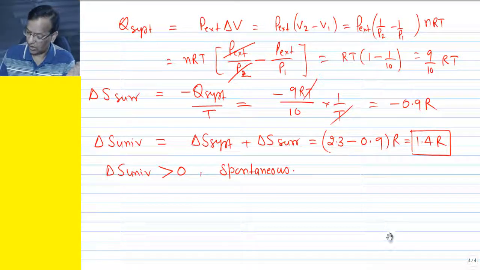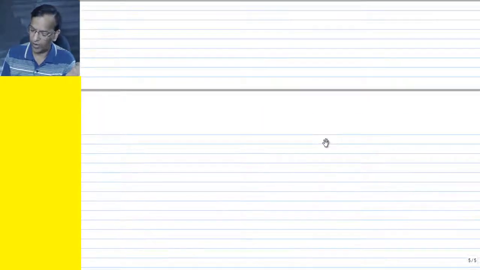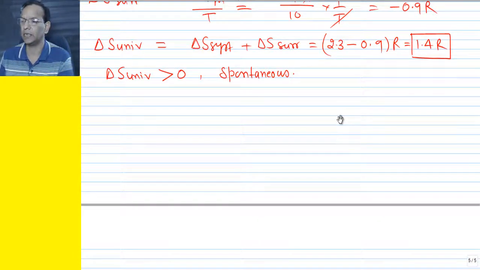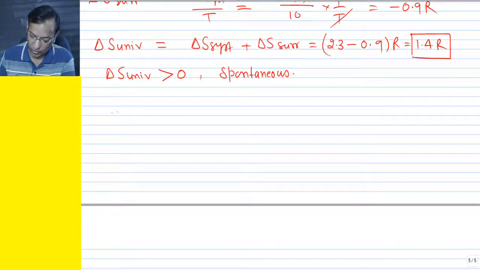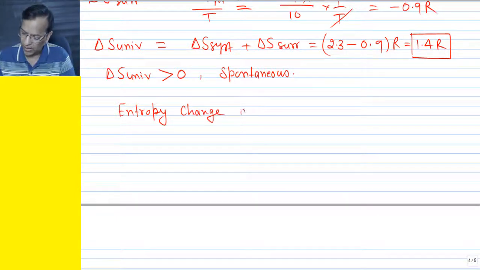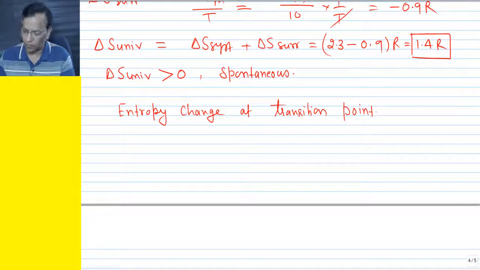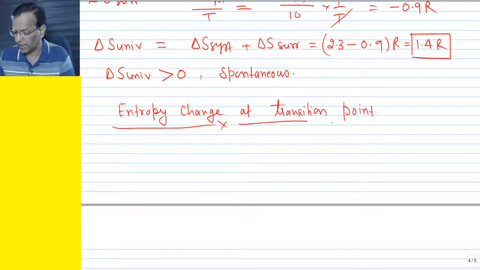There is one more case in which entropy is determined, so far as IIT JEE syllabus is concerned. So let us talk about that concept. Entropy change at transition point. What is this concept? Let us try to understand.